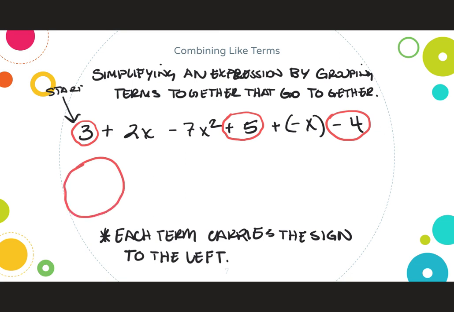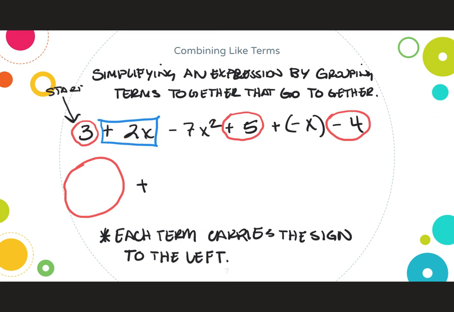And then we're going to pick our new shape, we're going to do this in blue, and we're going to go with squares. So we've got our 3, so the next term we have is this 2x, and it's a plus 2x. So I'm going to take a blue square and put it around here. Okay? So that is a number and an x.